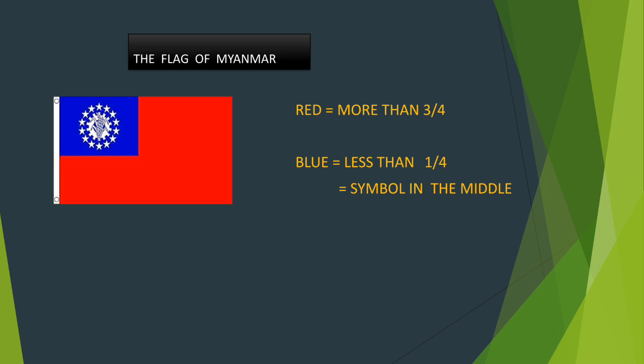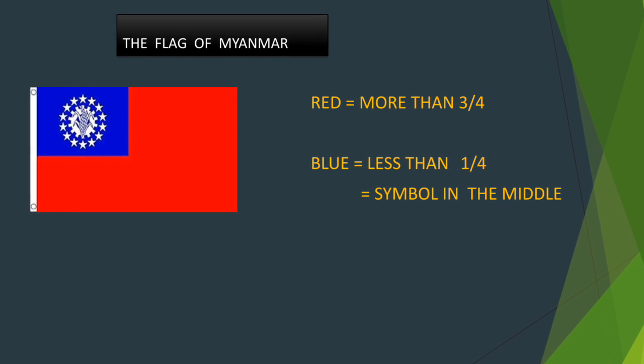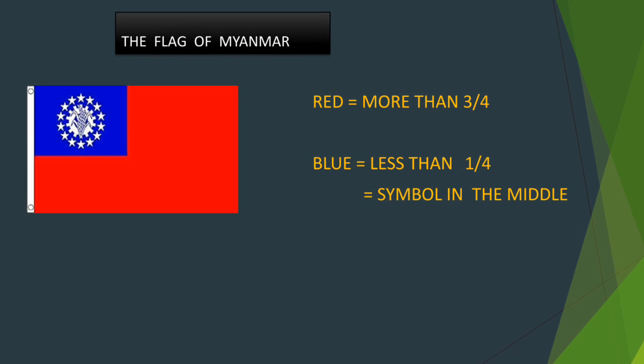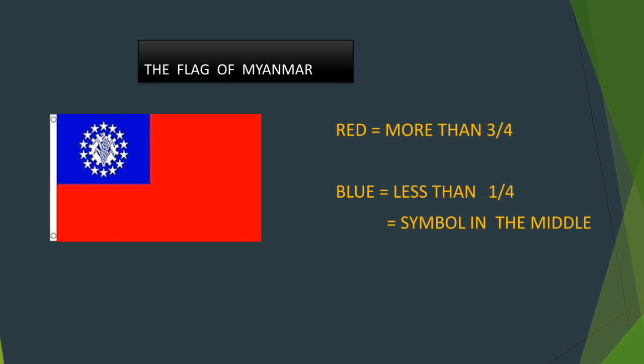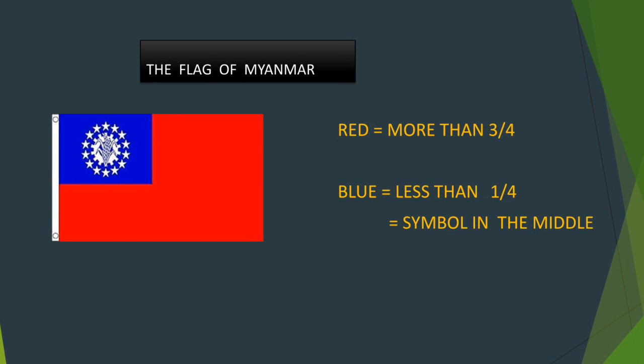Next example, flag of Myanmar. Here we can see 3 colors, red, blue and a symbol in white color. We can easily see red color is more than 3 quarter. Red color is obviously more than 3 quarter, which means the remaining blue is less than 1 quarter.